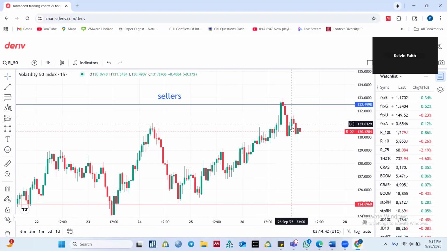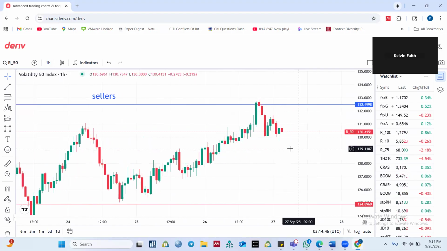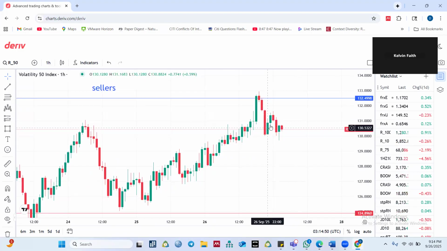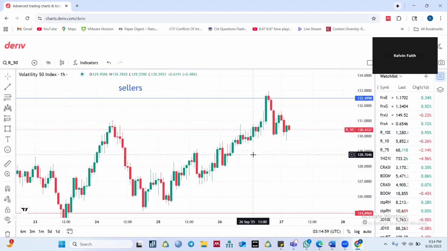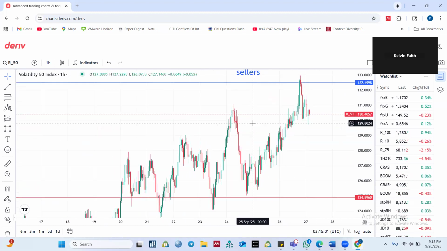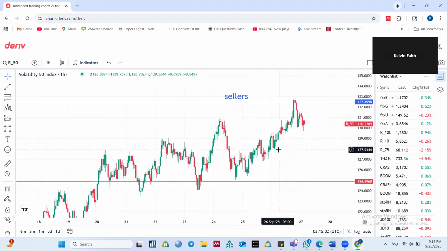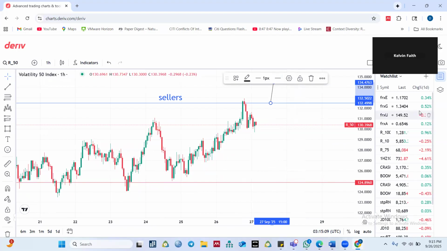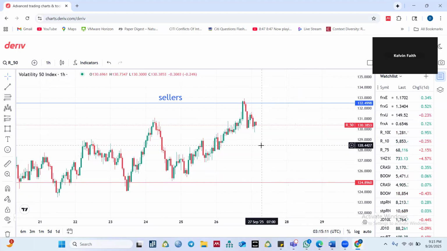We have three 1 hour candles that have closed consecutively, and then we have a pullback, and then we are seeing price engulf again to the downside, and we are seeing a mini pullback. So we want to frame a sell setup until price gets a body close above here. For now, we want to frame a sell setup.